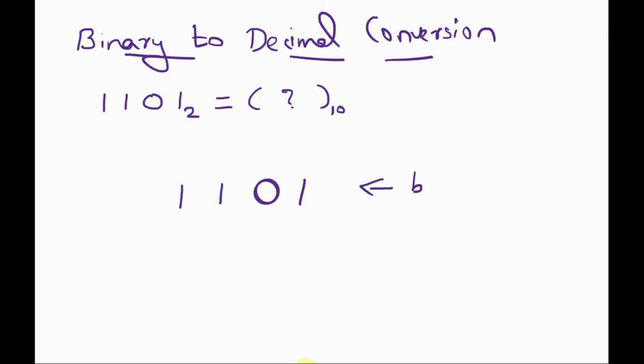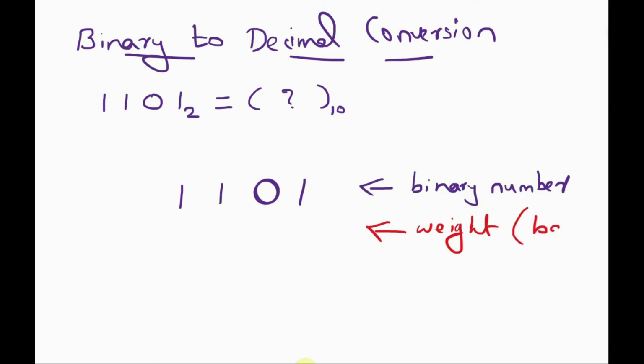So suppose this is the given binary number, and we have to write the weights now. Just now we have learned how to write the weight. Weight is nothing but base raised to position. So what is the weight of this one?